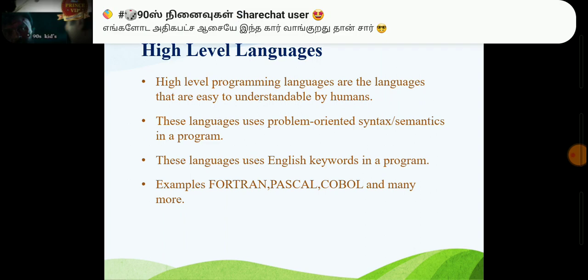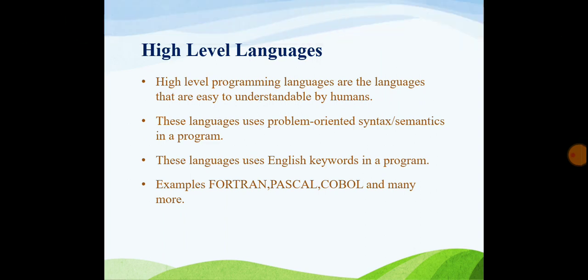And these higher level languages were a lot easier to learn, and many people started learning computer programming and creating more programs. Now again, a program written in a higher level language cannot be directly executed on the computer, because the computer can only understand machine level language, which contains 0s and 1s.